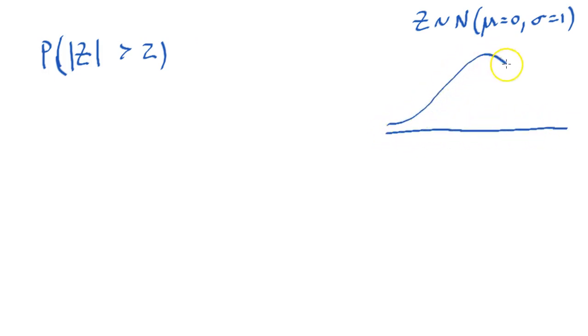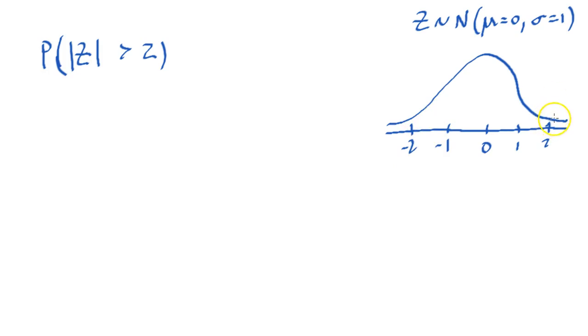We have a normal distribution with mean 0 and standard deviation 1, and we have 2 and negative 2. You can get to 2 and negative 2 from the absolute value.